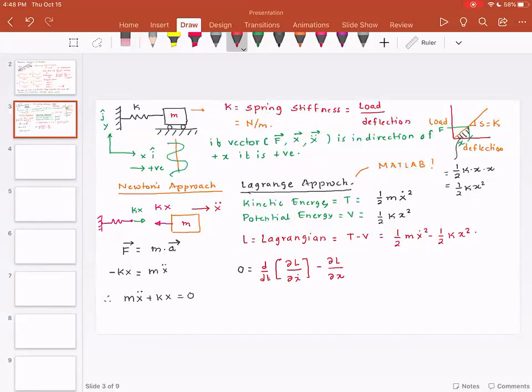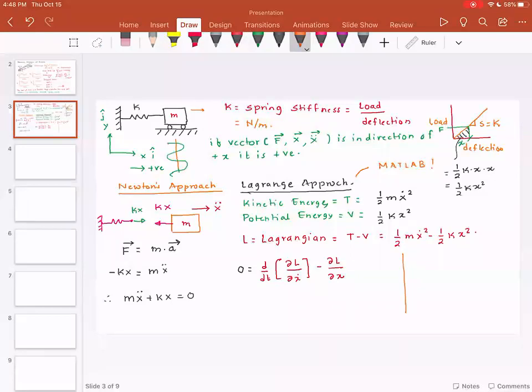And believe it or not, this simple expression, d by dt of partial L by partial x dot minus partial L by partial x, gives you the dynamical equation of motion. So let's try to find out what these quantities are.